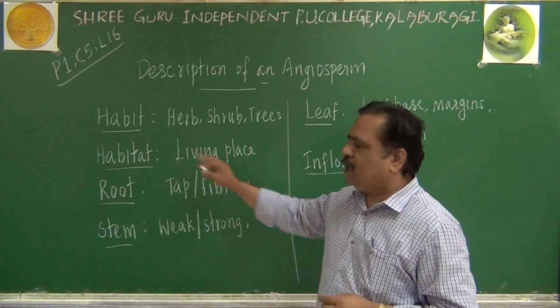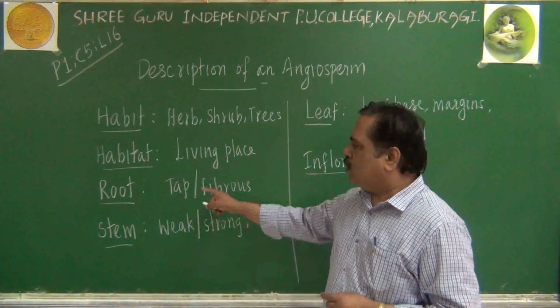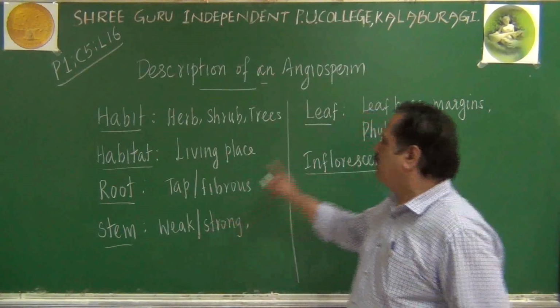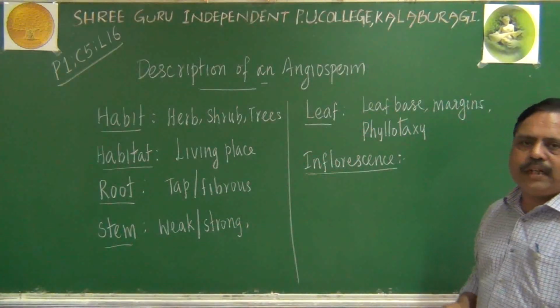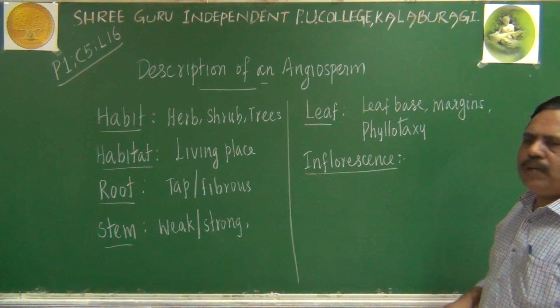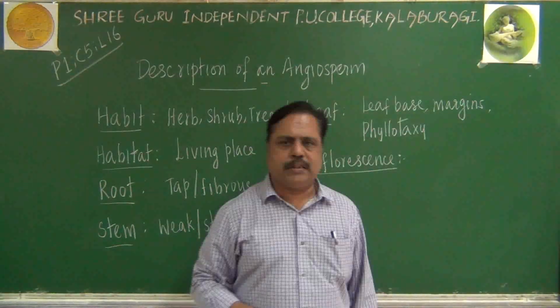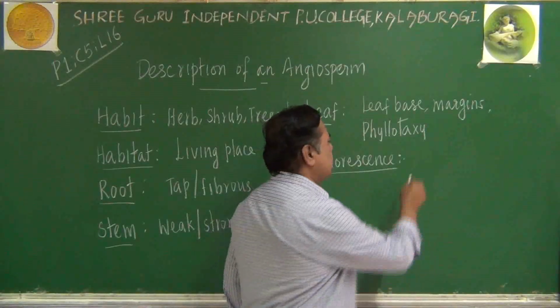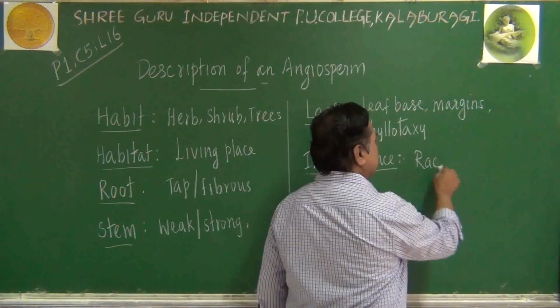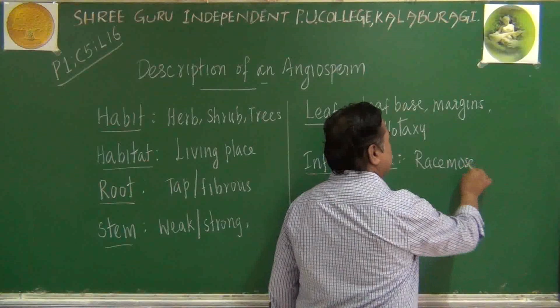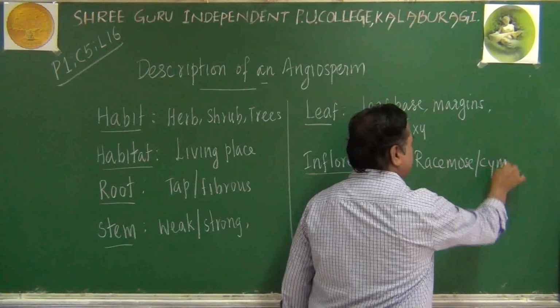Second point will be regarding its habitat. Root, about root system, stem, leaf, inflorescence, we can write. When we come to inflorescence, natural grouping of flower is called inflorescence. We can write whether it is racemose inflorescence or cymose inflorescence.